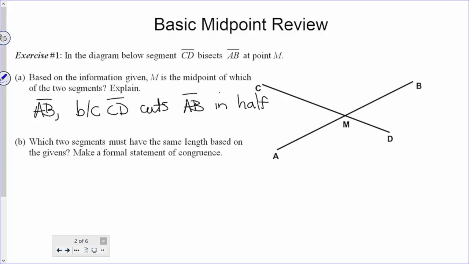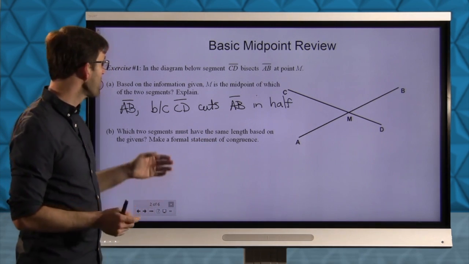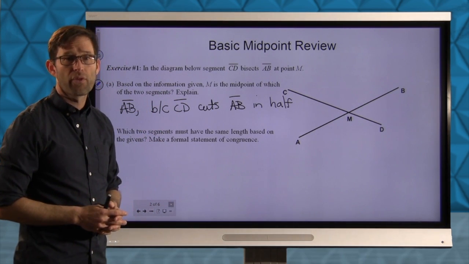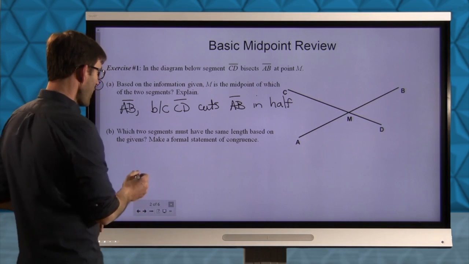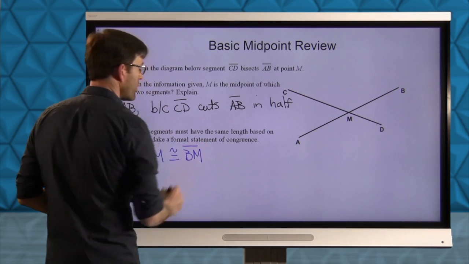Great, easy enough. Letter B. Which two segments must have the same length based on the givens? Make a formal statement of congruence. So do that. Which two segments in this diagram, based on the fact that M is the midpoint of AB, have to have the same length? Alright, well that would be AM must be congruent to BM, right?